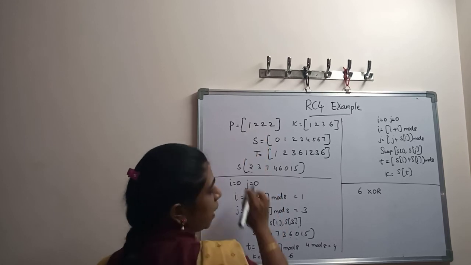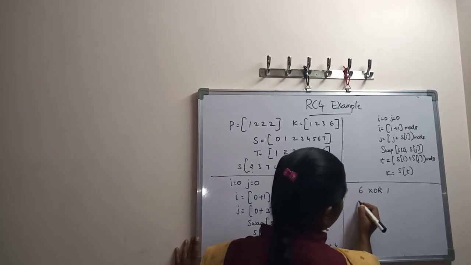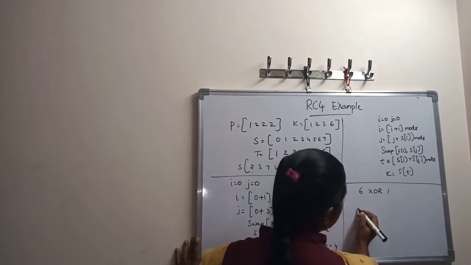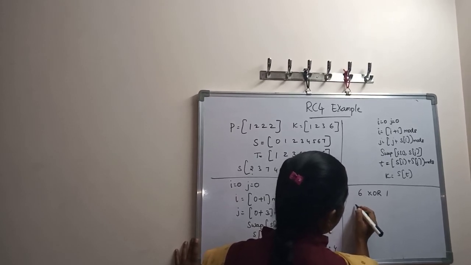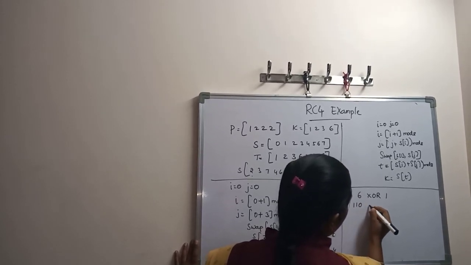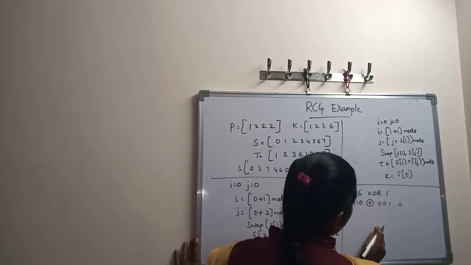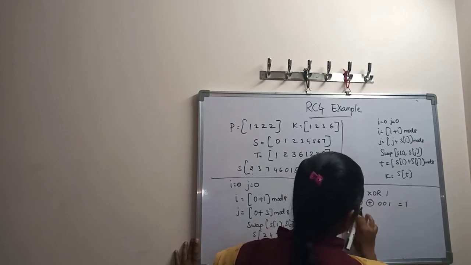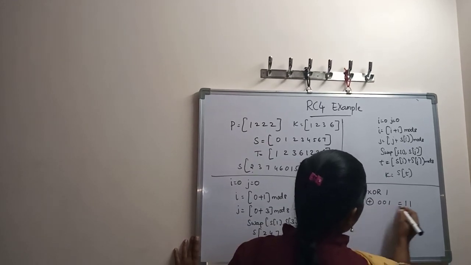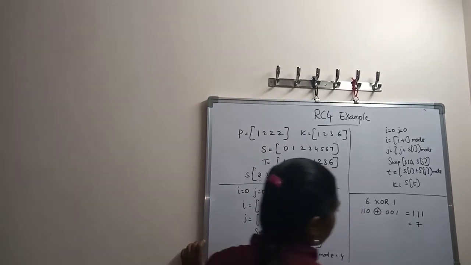What is the first plain text value? That is 1. So represent them in binary. So 6 you can write as 1, 1, 0 and XORed with 0, 0, 1. So what is the value that you are going to get? 1, then 1 and 1. So the value is 7.